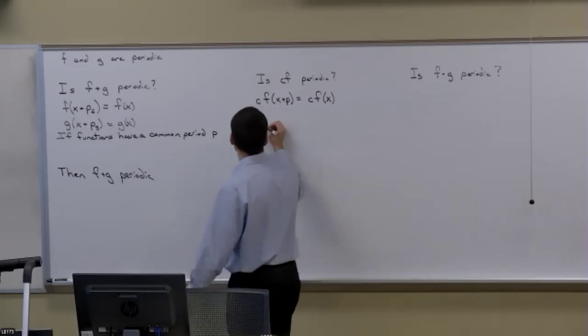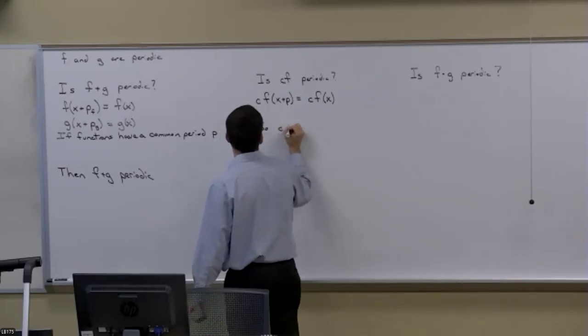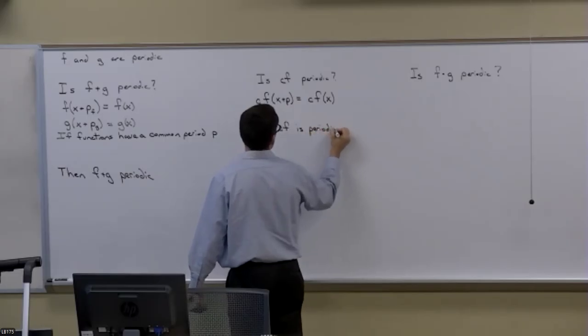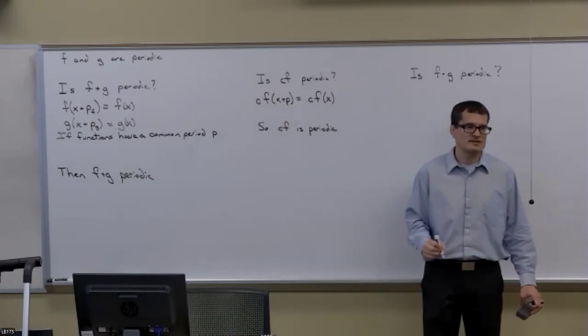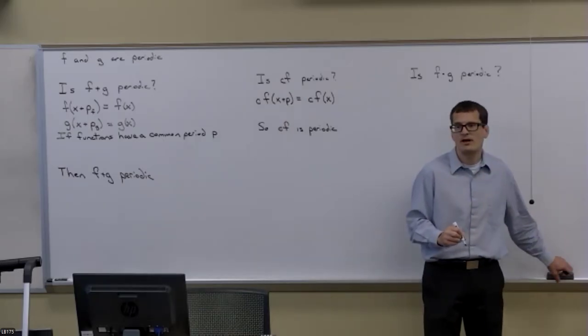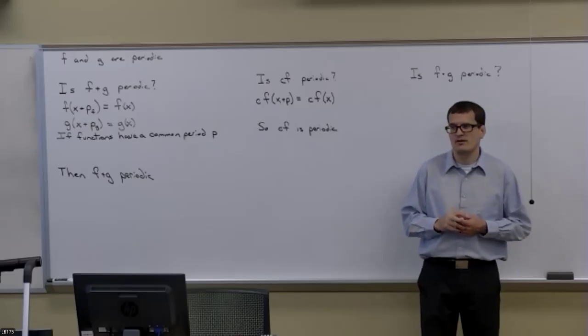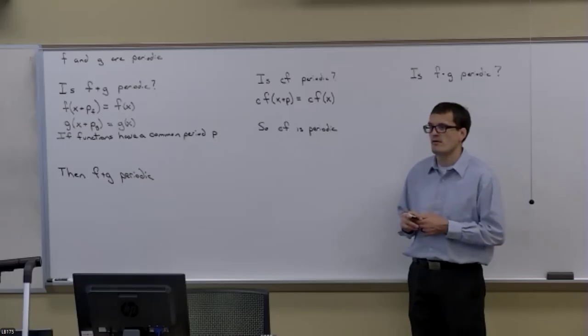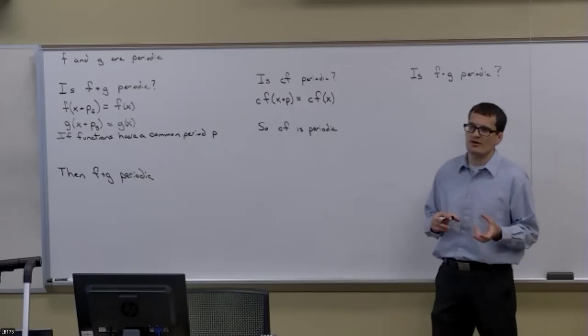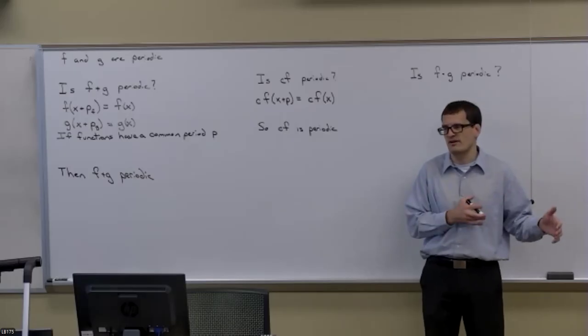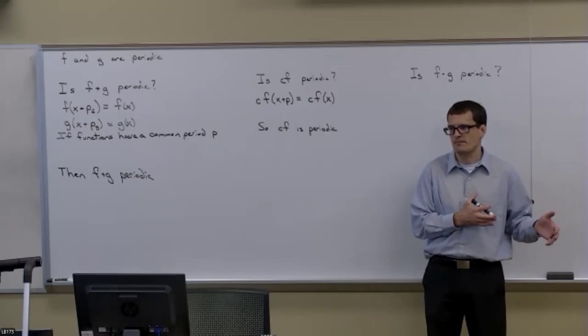So any constant times f is going to be periodic as well, right? Okay, follows that? So if I have a constant number times a periodic function, the result is going to be a periodic function as well. Think about sine versus 3 times sine. Both of those are going to be periodic.